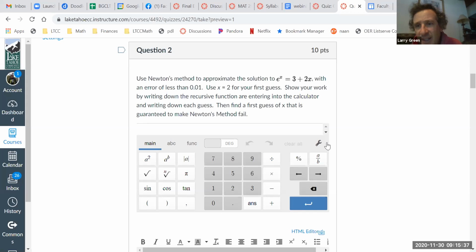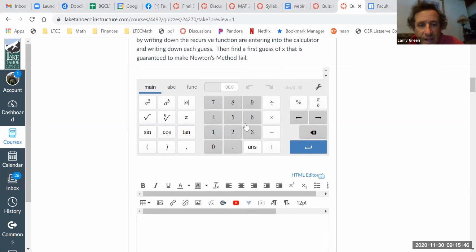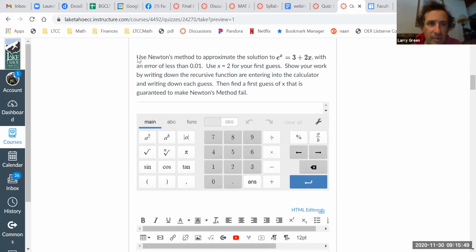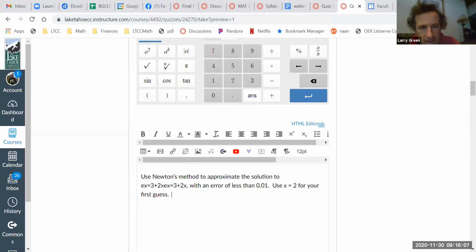Okay, so this is actually a pretty standard problem. You just have to go and do it, and the way to do this is with a table. So we're going to make a table.